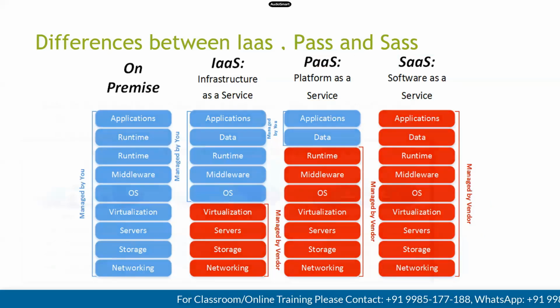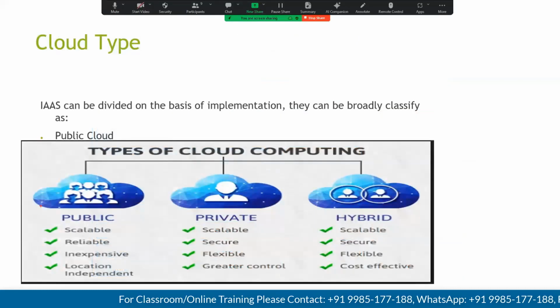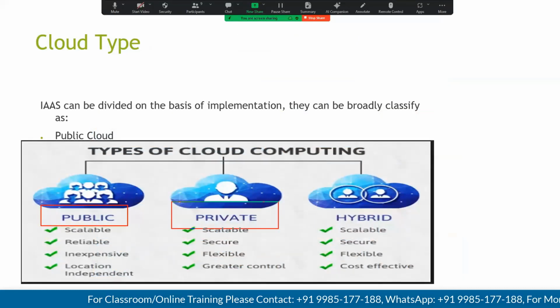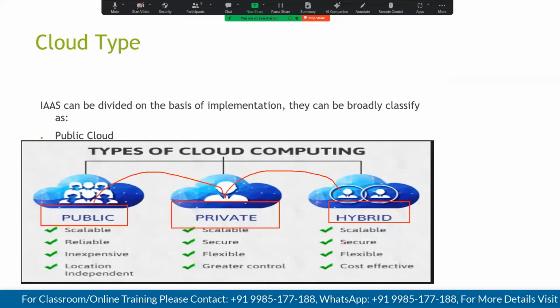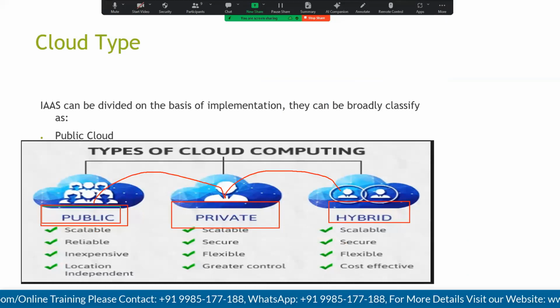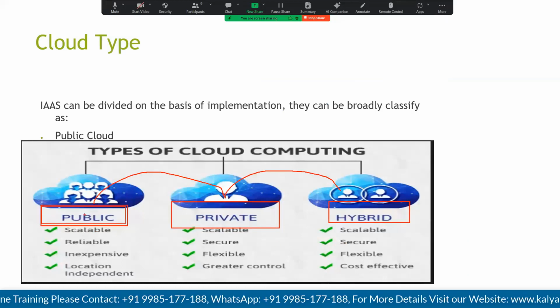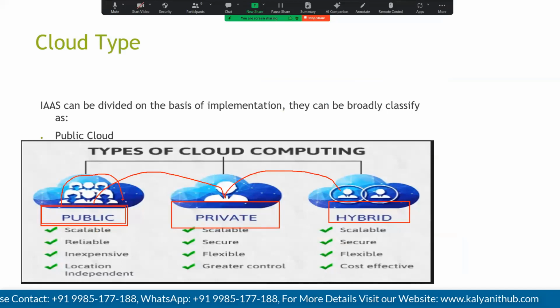Next. There are three types of cloud computing in the market: public, private, and hybrid. Public means the resources which can be accessible from anywhere in the world.